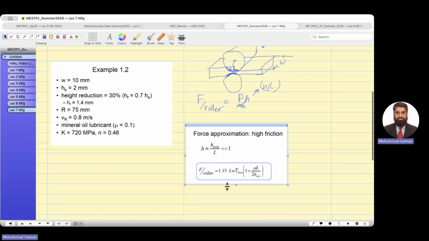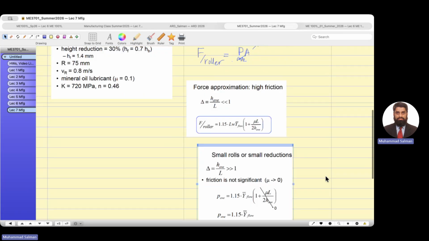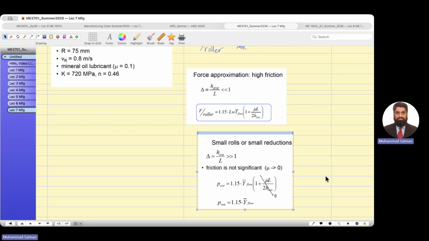So first of all, you have to verify whether it's a small roller or a large roller. How would you verify? Look at this formula. Delta is just a symbolic expression. H average over the length, where L is the arc length under the roller.